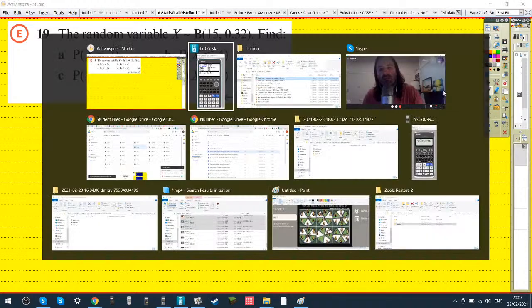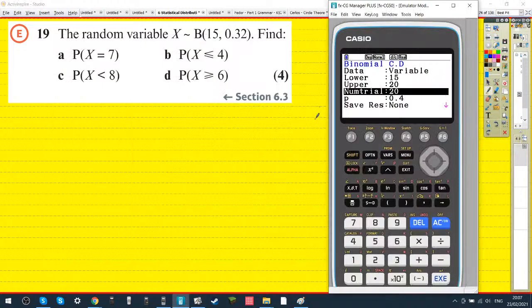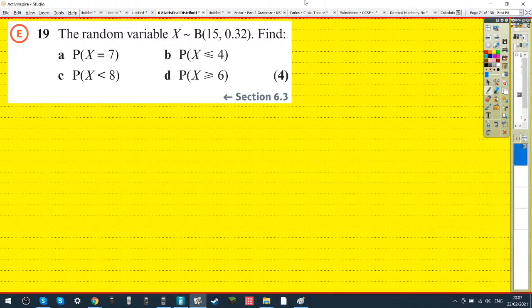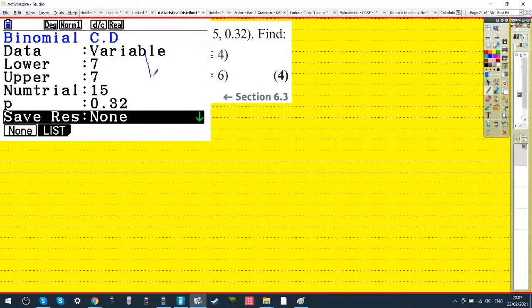Yeah. You could use binomial probability distribution for X is 7, but yeah, just 7 and 7. And then the number of trials is 15 and the P is 0.32. And that gives you 0.101.